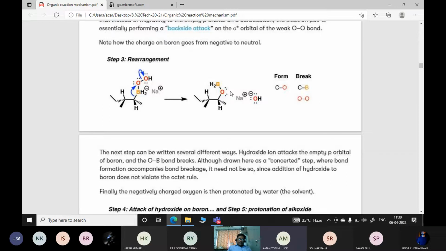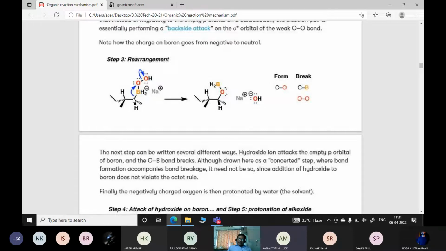Yes. You see here the hydrogen peroxide, that is the peroxy anion, donates its electron pair to the vacant p orbital of boron. Now it becomes negative. When it is negative, it always tries to release its negative charge. So how is it possible? It releases the carbon as a carbanion that shifts to this oxygen.